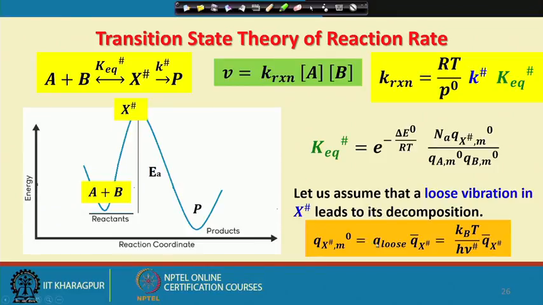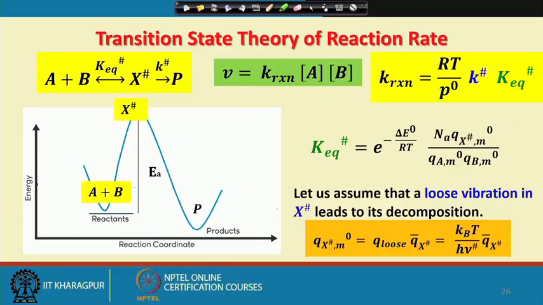As a result, I can write that this Q naught of X dagger is Q loose, the vibrational partition function corresponding to the loose vibrational mode, multiplied by the vibrational partition function for the rest of the vibrational modes of the complex X dagger, where, because of strong bonds present within X dagger, they are not undergoing any loose vibration.